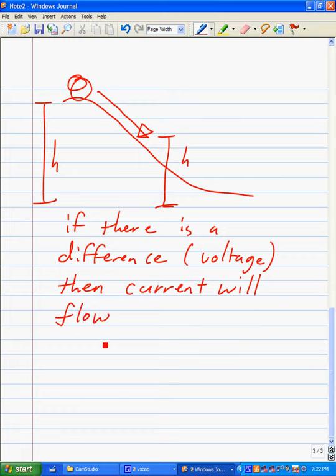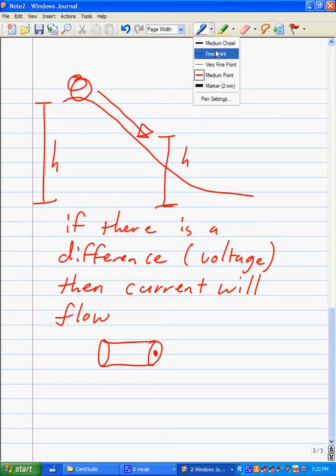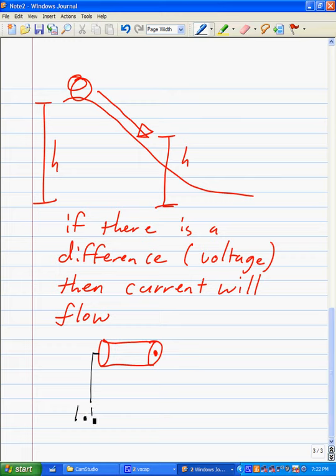For example, if I look at a battery, like those D cells that we used in class, I have a battery sitting here. If I take and measure from here over on this side, there's 1.5 volts. Over here, there's 0 volts.